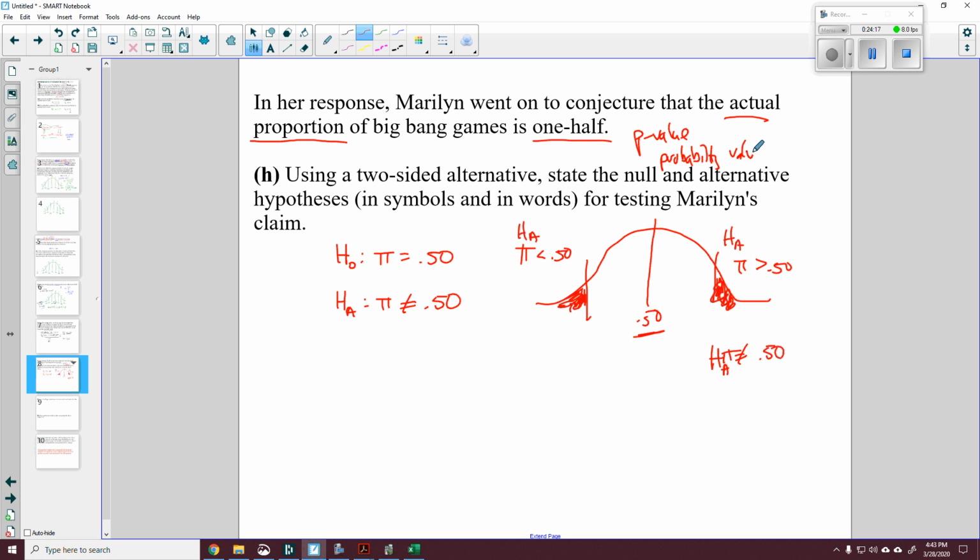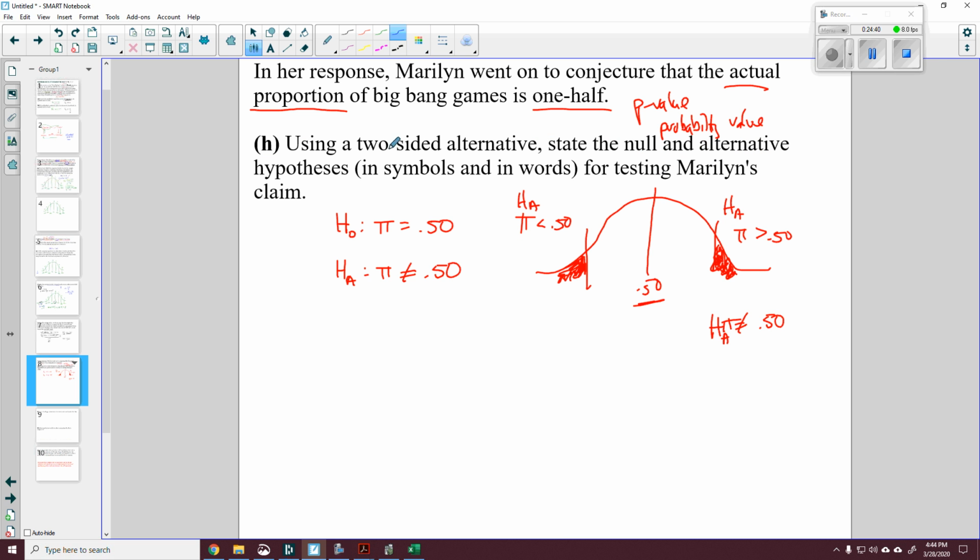What's the probability that you could actually get such a thing on a sample statistic? And so if it's a really small probability, that's when I can reject the null hypothesis. If I have to go two-sided by just saying it's not equal to, well, that's even harder then to reject the null hypothesis. So let's see how Marilyn's turns out.